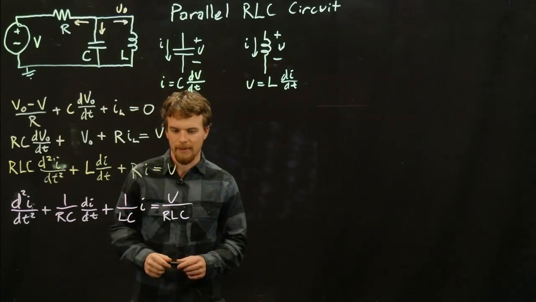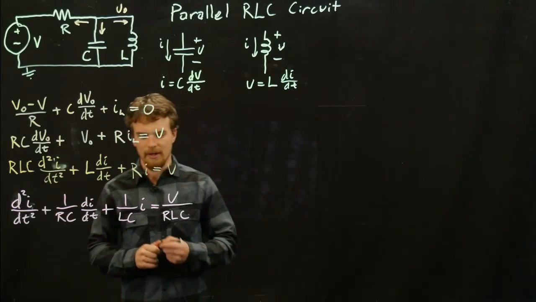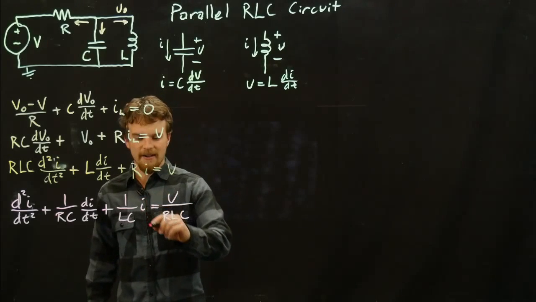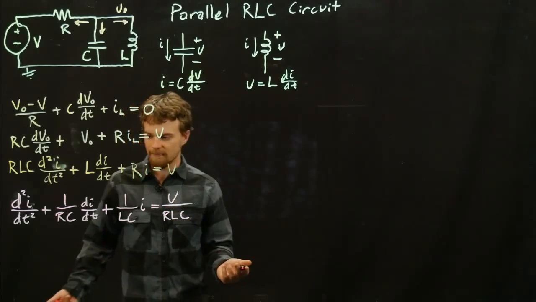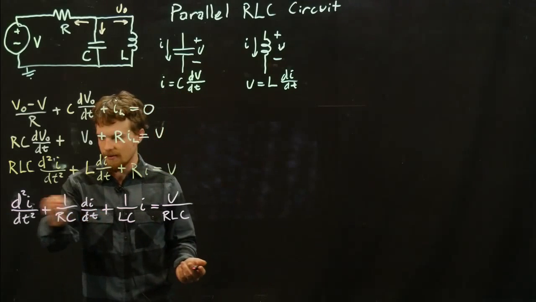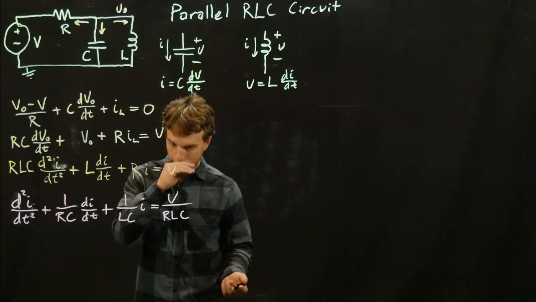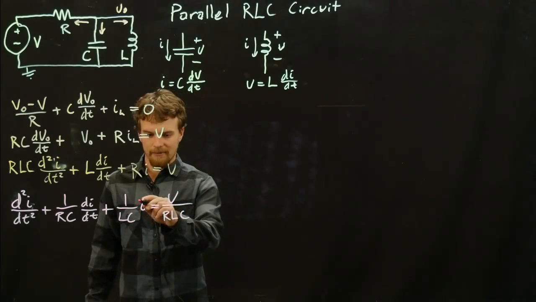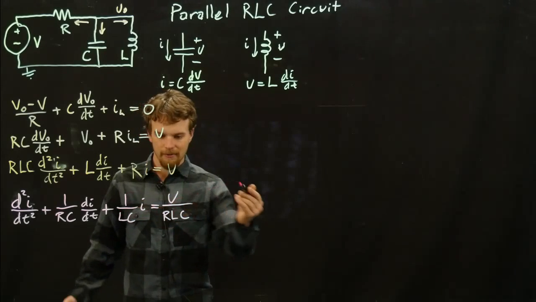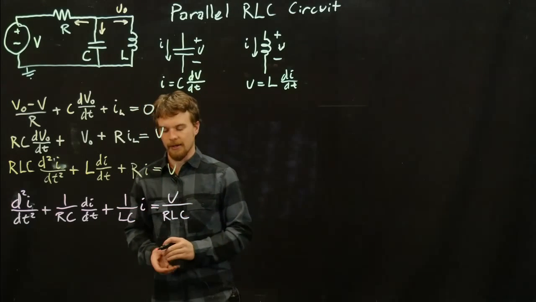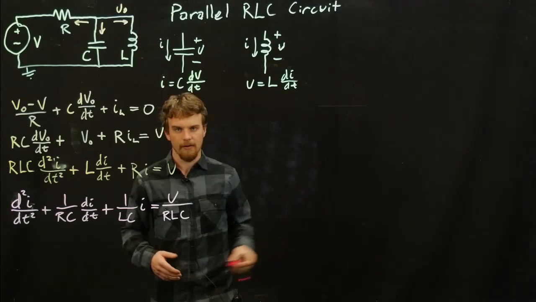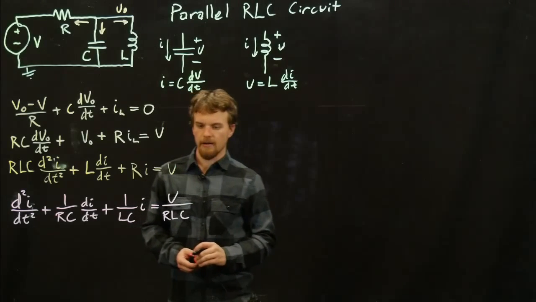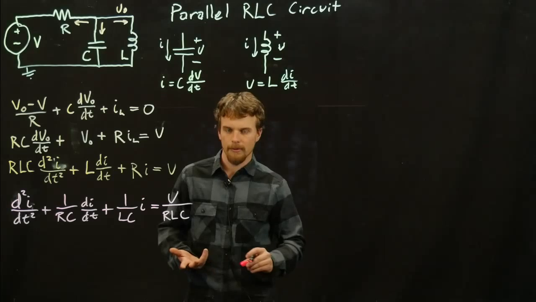So let's think about that for a second. What if we made I equal to a constant value of V over R? Any derivative of I would be 0 because it's constant, and we'd have V over RLC equals V over RLC. So that would be our particular solution, but we're more worried about the behavior of the transient response, and we can get that from our homogeneous solution.